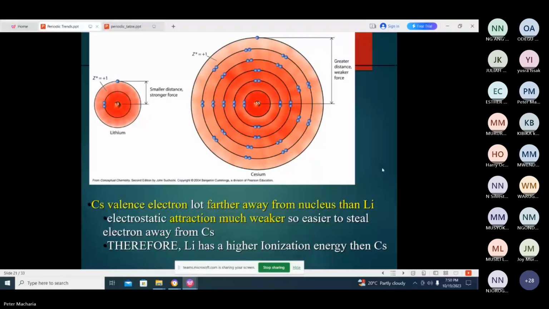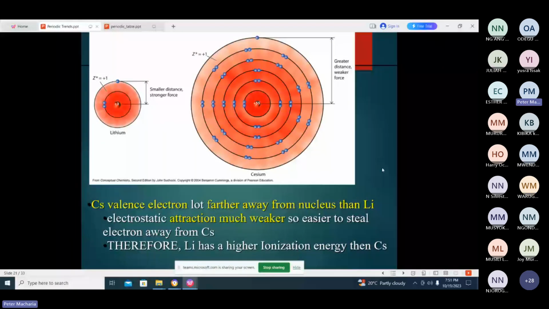So it is easy to remove, for example, a blade by pulling with a string that is far from the magnet than the one that is nearer the magnet, isn't it? So in that case, it is easier to remove an electron from cesium than it is from lithium, right?